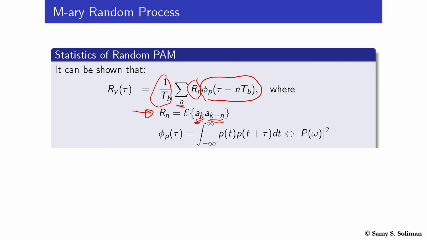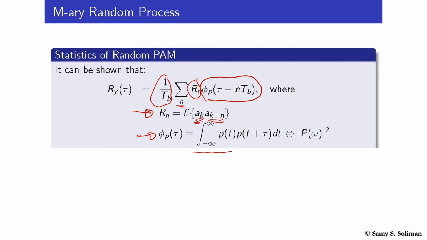While phi_p represents the time autocorrelation of the pulse p(t), so it is the integral of p(t) times p(t plus tau) dt. So this resembles the time autocorrelation of the pulse. Of course, note that the pulse itself is a deterministic function, so its statistical average will be the same as its time average.